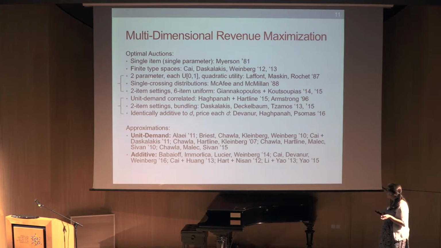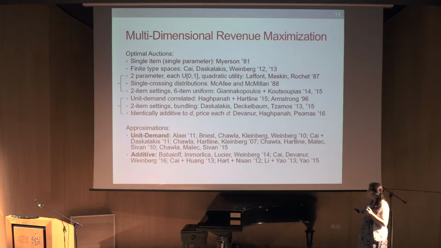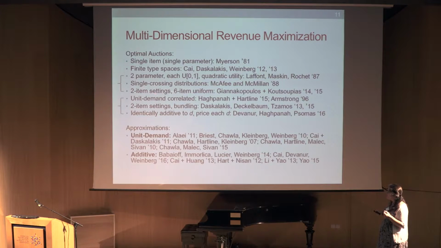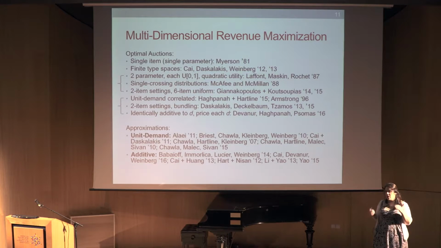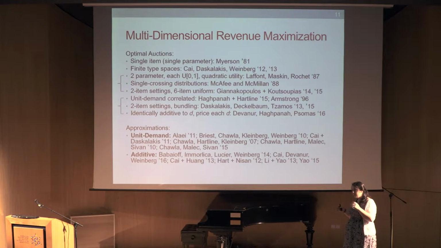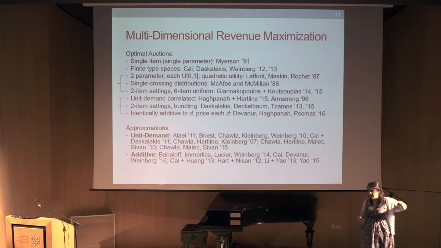Then we have a list of things here that are very, very specific settings for very specific distributions. For example, 2-parameter, uniform 0-1, single crossing, 2-item settings, 6-item uniform. And we have optimal auctions for these extremely specific distributional assumptions. The second set is a bunch of results that says, under these distributional assumptions in these settings, we know that this specific mechanism happens to be optimal.